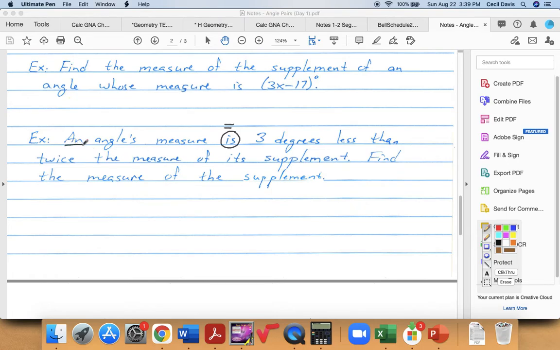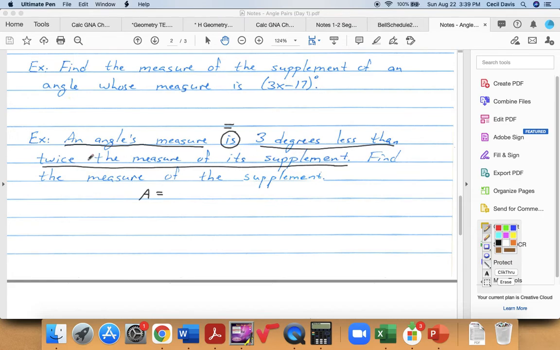So we're going to write an expression for an angle's measure. The simplest thing to do for that is just to call it A. The angle's measure is equal to... and then all of this has to be put together and written as one expression. Not one letter, but one expression. 3 degrees less, that means we're going to subtract 3.